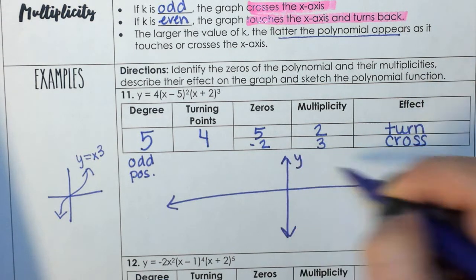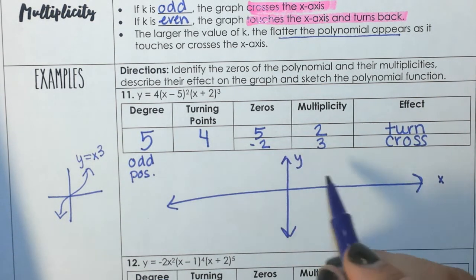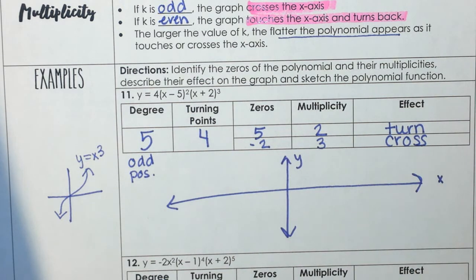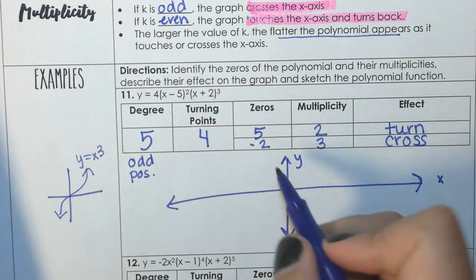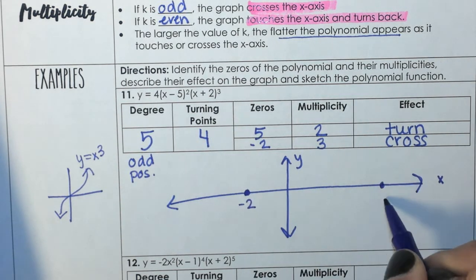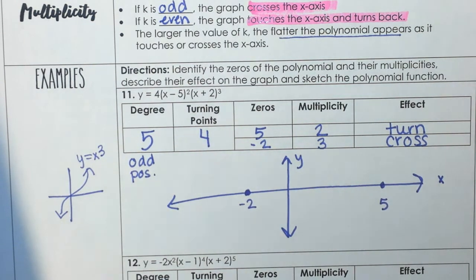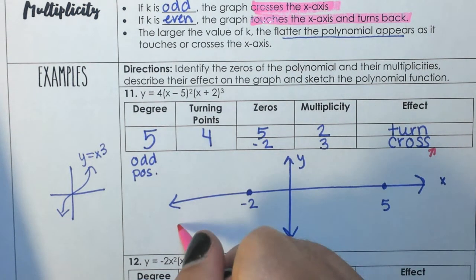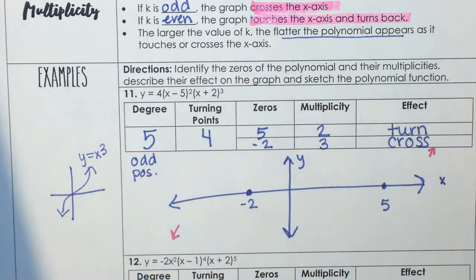Okay, I'm going to sketch this out, making sure that I'm labeling my y-axis and my x-axis. And then I'm going to have negative 2 down here and 5 over here. So I know that I want to end up towards the right and start down to the left.